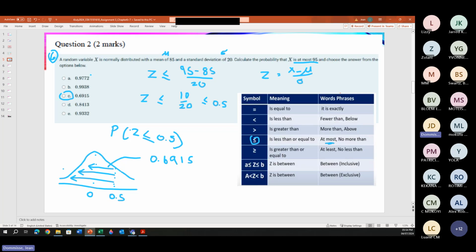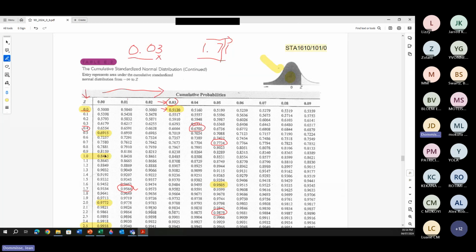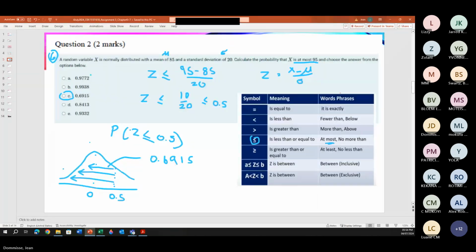So for interest sake, let's look at Z1 and Z1.5. So 0.8413. So it might be that some of you will get Z as over X as 105, so that the Z is 1, then it is going to be that one.